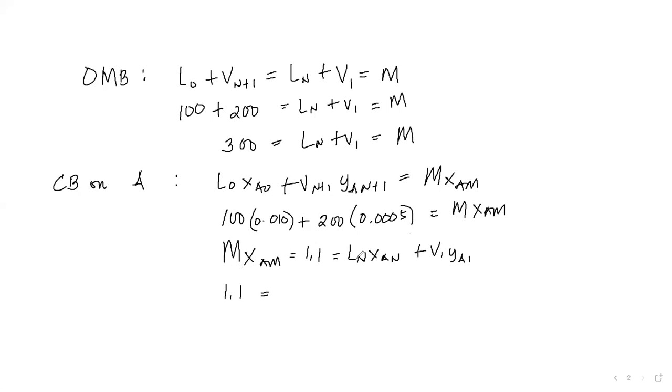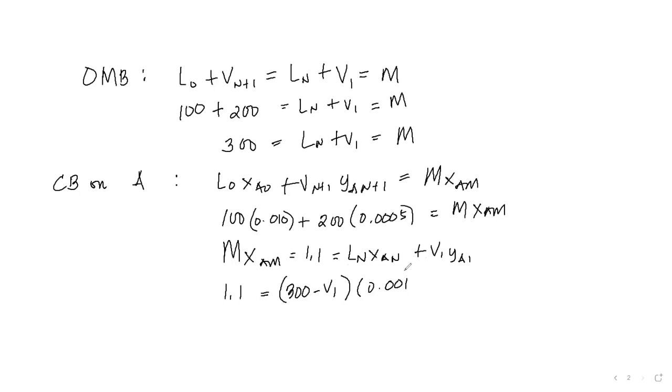So if we have Ln expressed in terms of V1, I will have something like 300 minus V1, and your XAn is given in the problem to have a value of 0.001.